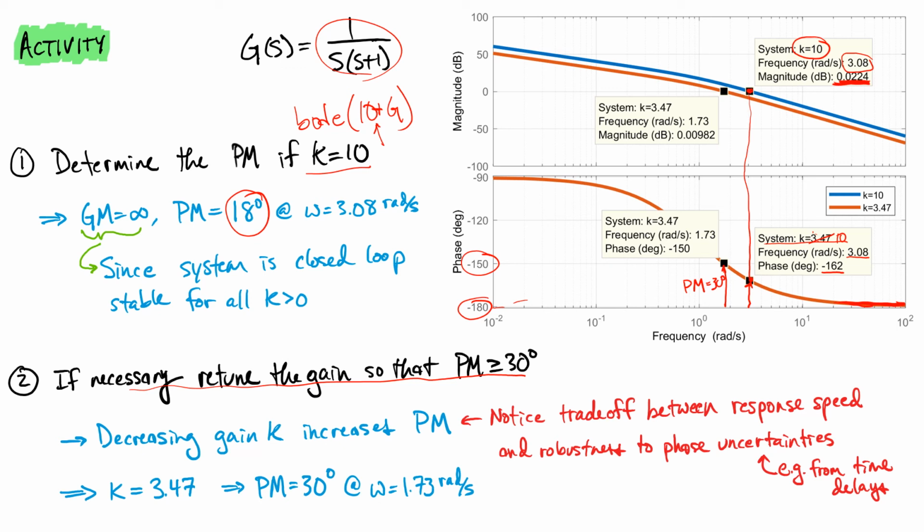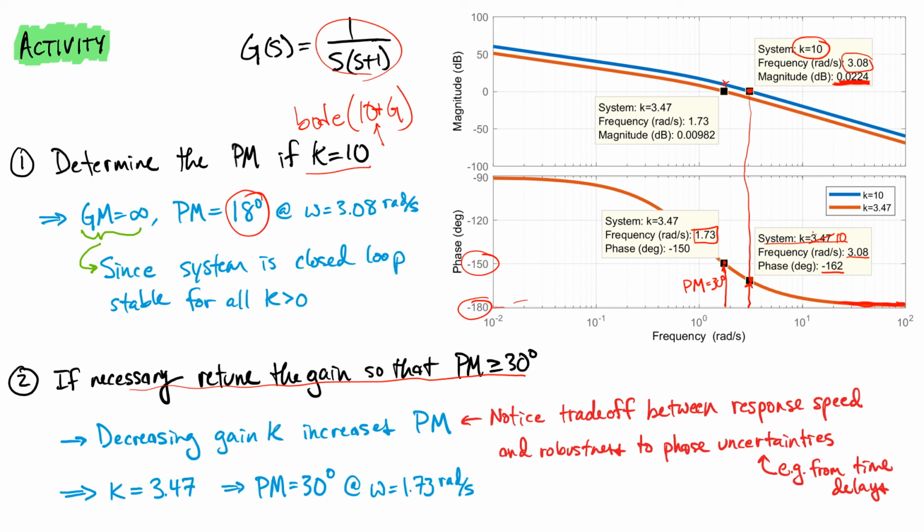And that happens right here, where the frequency is 1.73. And so we're going to come back up here to our existing line at k equal to 10, at frequency 1.73.